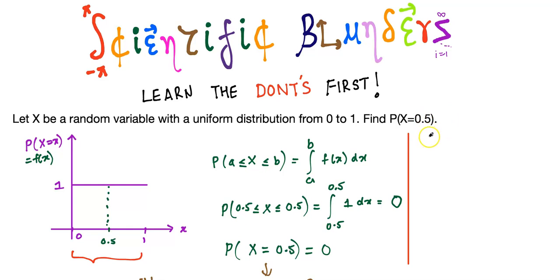It's that 0 probability, in the context of a continuous distribution, does not mean that it's impossible, right? And that, my friends, is the key takeaway from today's video.